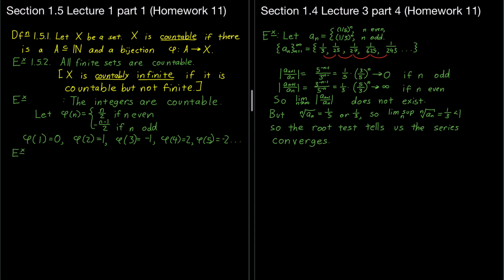Another example, 1.5.3 in your book, is that if X is countable, and Y is a subset of X, then Y is also countable.